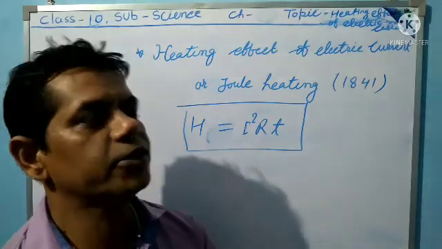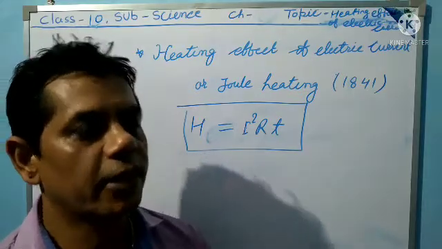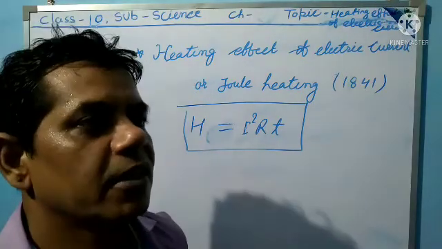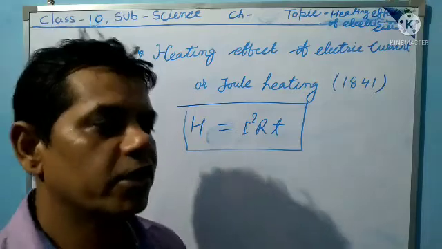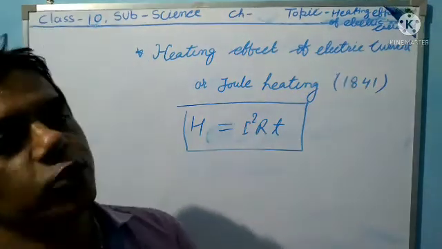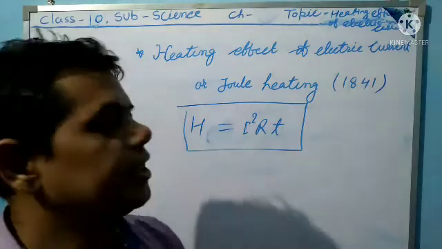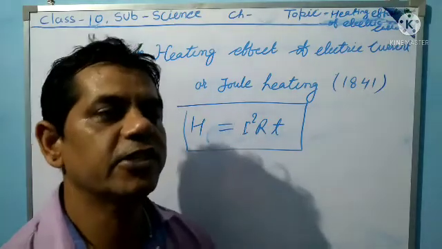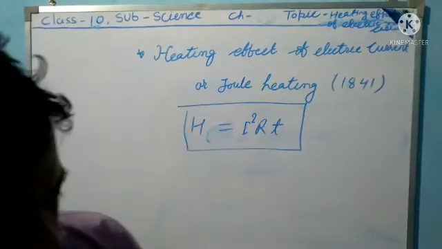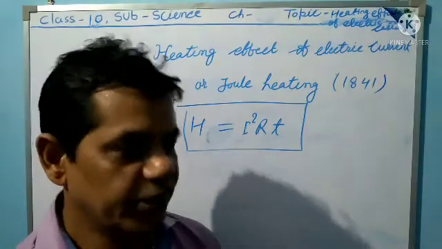In previous classes we also discussed resistance, which depends on resistivity, length of wire, and cross-sectional area, and is also related to the heating effect. What is resistance? Resistance is the opposition to electric current.